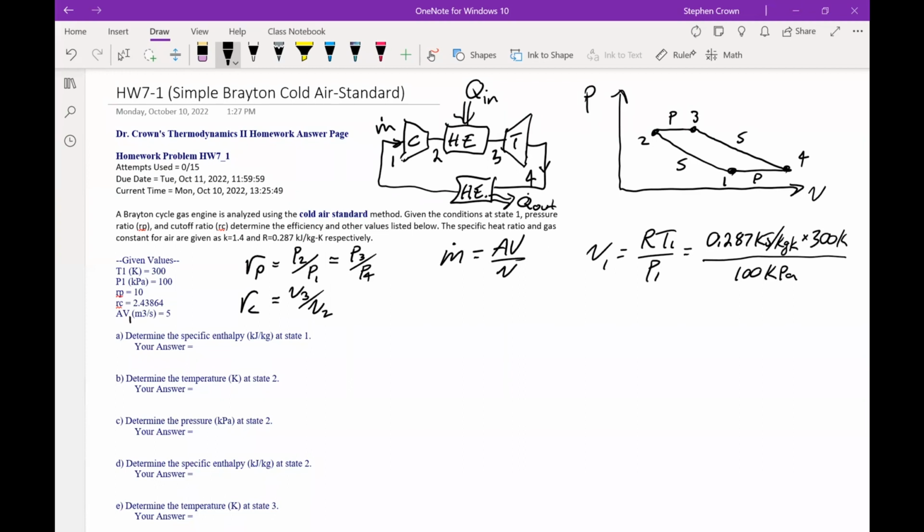And I have to make note of what a kilopascal is. So 1 kilopascal is 1 kilonewton per meter squared.